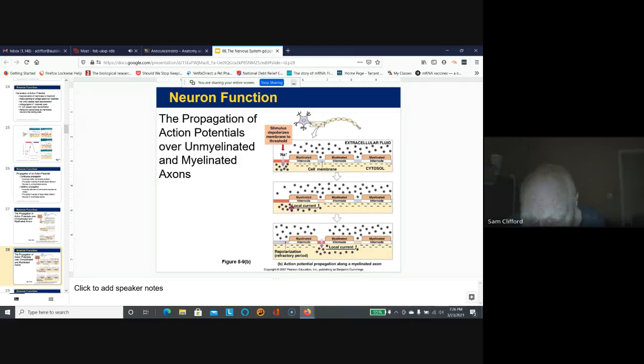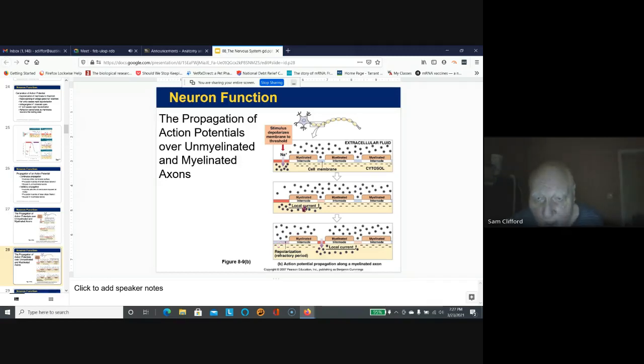When this positive sodium comes in, you can see that it's leading to local currents so that the change in membrane potential jumps from node to node. Behind the initiation of the nerve impulse, the nerve has to reset and repolarize.